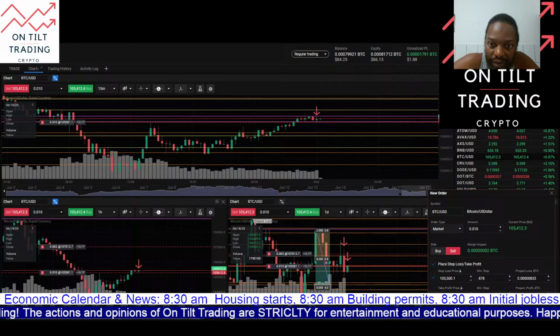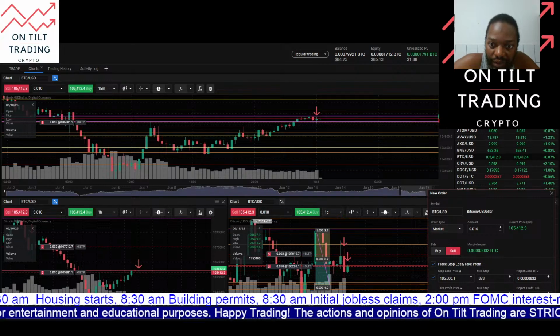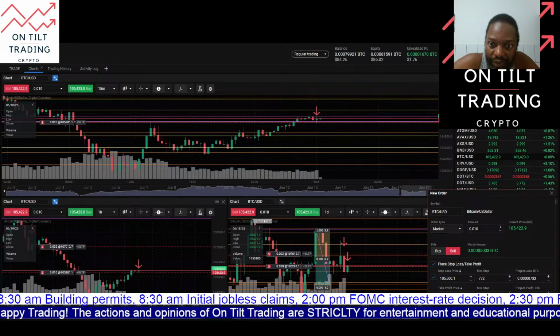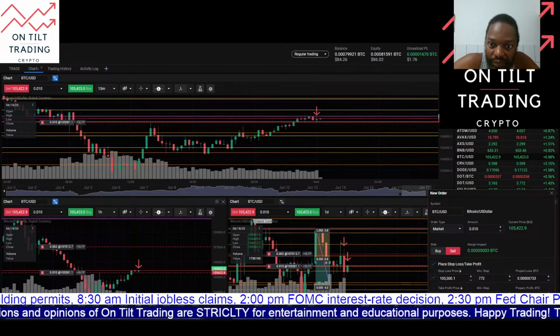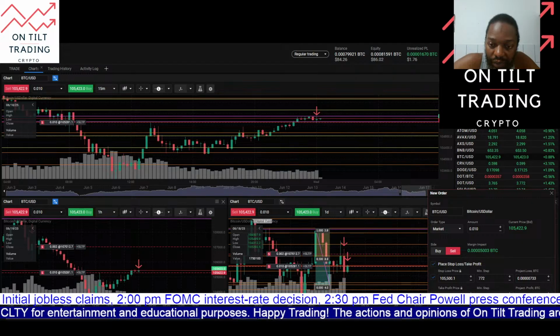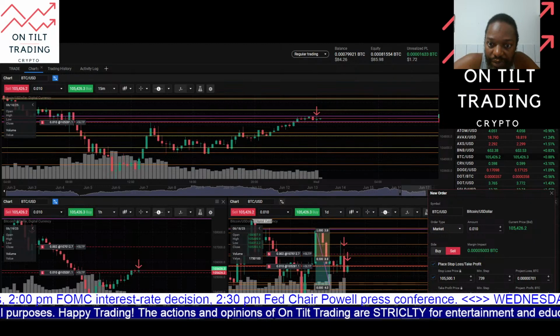The next level short is just below this range here, which is much closer. And if Bitcoin closes below this level, again, we'll be looking for a swing high or a swing low here for a potential long trade.